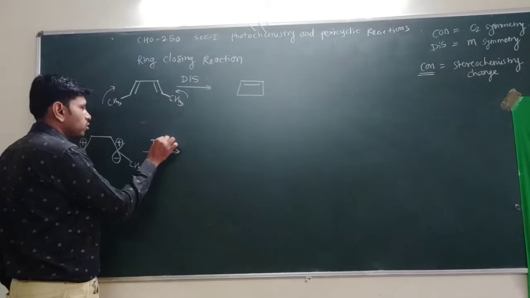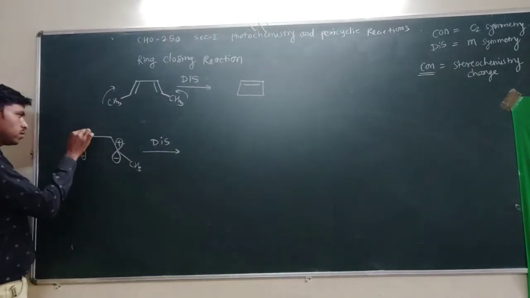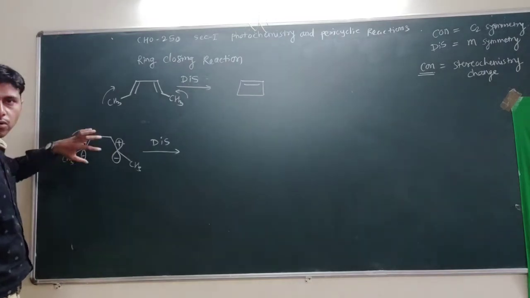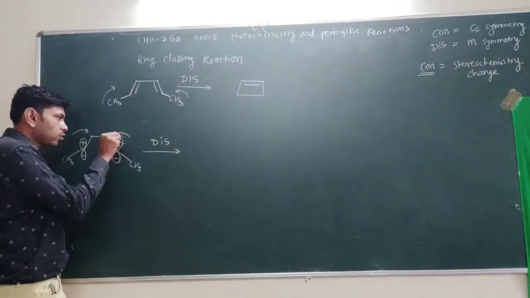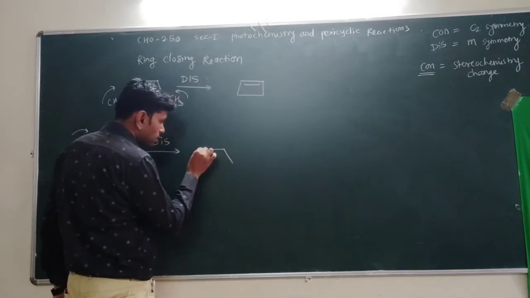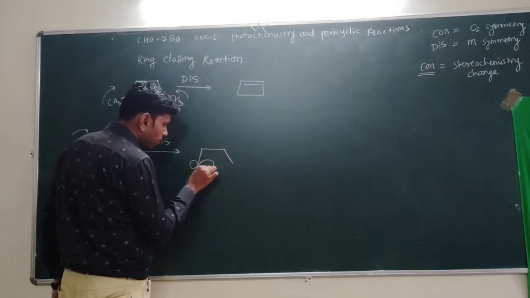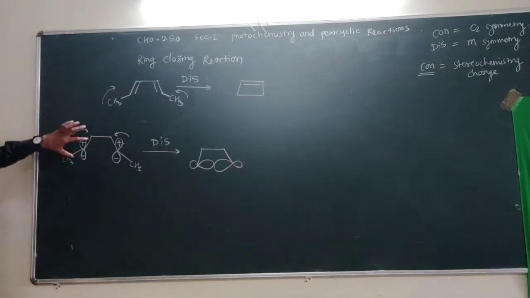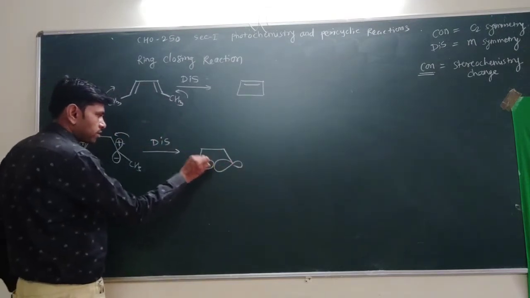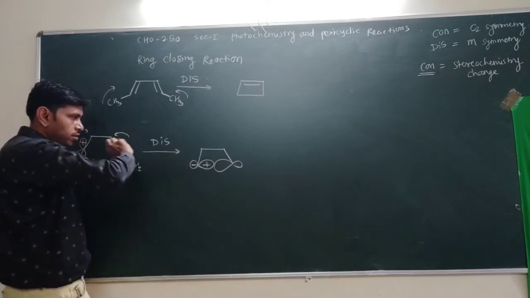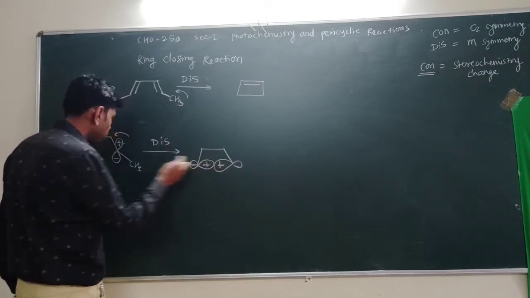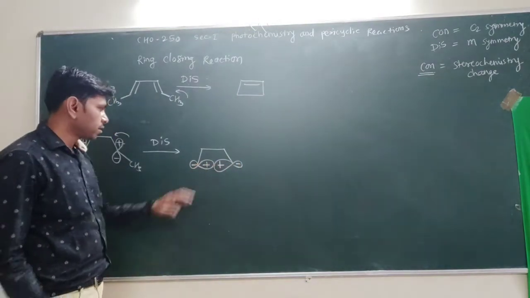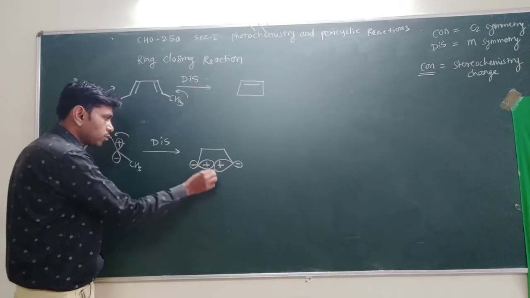Now this orbital is rotated clockwise and this one anti-clockwise, so the resulting overlap of the orbitals becomes bonding. See here, this one rotated clockwise, so it becomes plus here, minus here. This one rotated anti-clockwise, then plus goes here, minus goes here. Now bonding overlap is there.